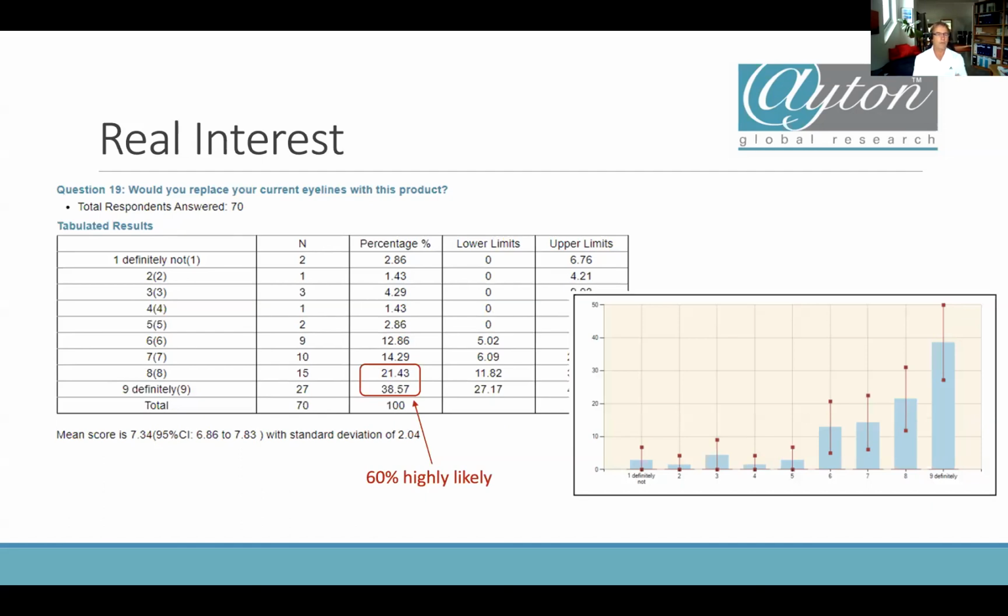But here you saw that 60% are highly likely to even replace their current eyeliner with this product. So this product definitely has a good chance in the market to be established once people get to know it, and you can use the claim as a validation, the proof that it works.